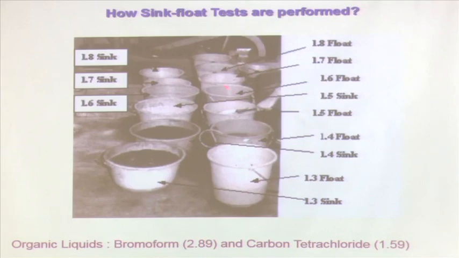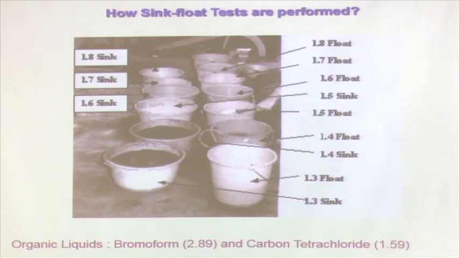Suppose I have got the highest density bucket at 1.8. I pour that 5 kilograms of material slowly into that bucket, and let it be there for 10 minutes. I will first stir it, and then allow it to settle at its own settling velocity. You can give 10 or 15 minutes, there are standards for that, so I am not going into detail.